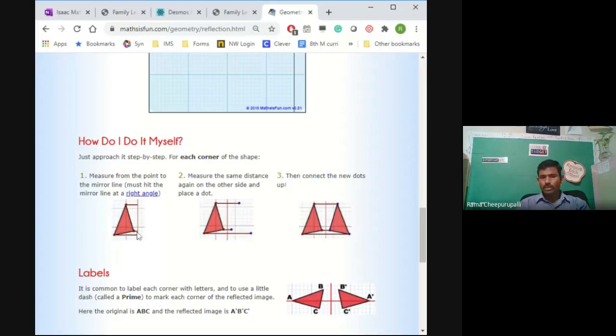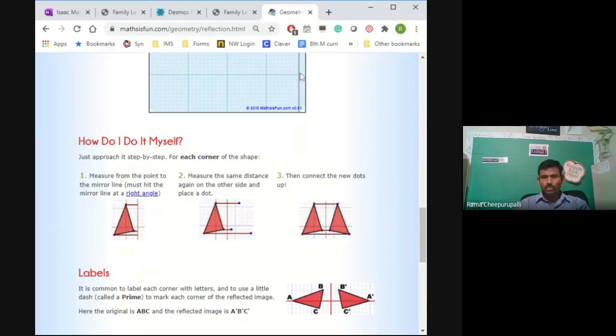And here is 1 unit, I'll use 1 unit on this side. Here is 6 units, I'll use 6 units from the line. And then I'll join all these points. I will get the reflection picture on the other side. Connect all of the new dots, and then you get the new reflection. Okay, is that clear? Good.